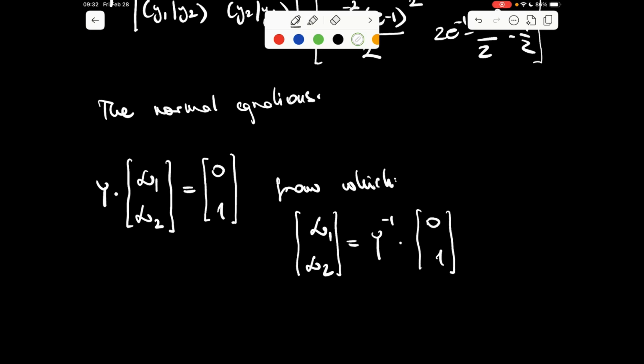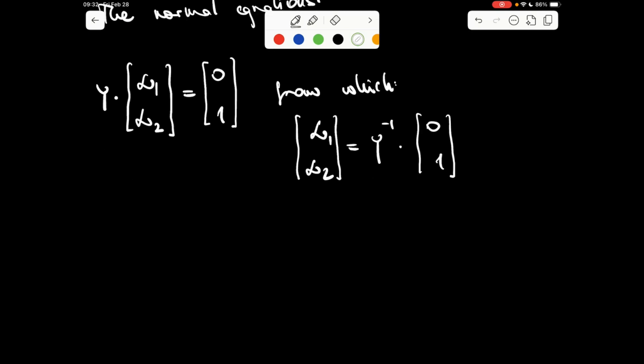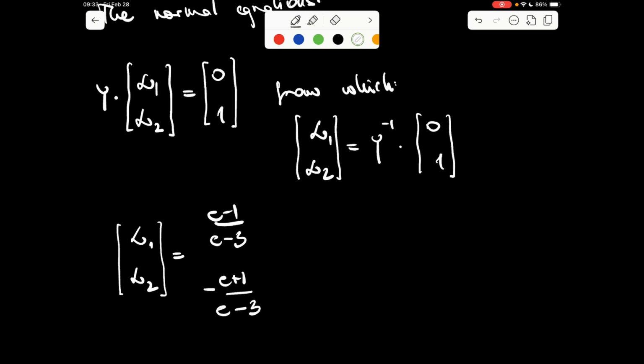Okay, and by using MATLAB, so at this point you should use MATLAB unless you want to spend a whole day with the calculations, and you will receive this vector. Okay, e minus 1 over e minus 3, e plus 1 over e minus 3.